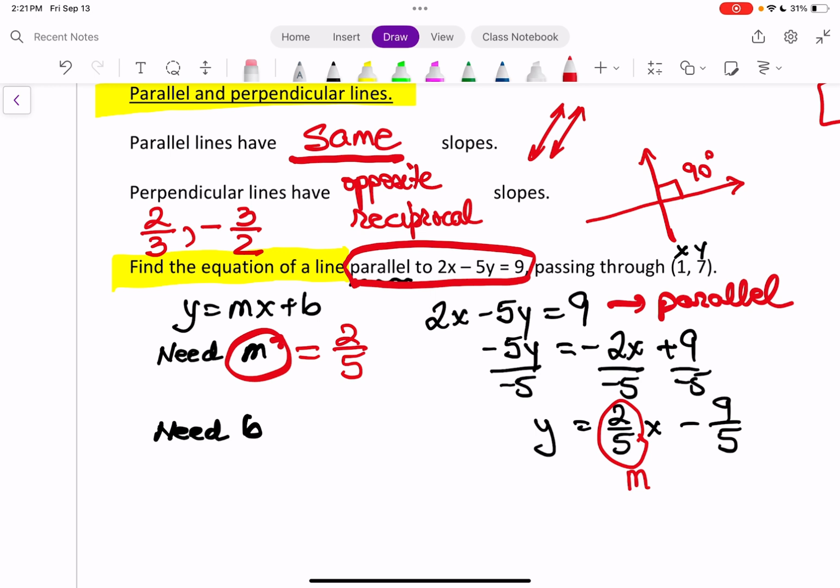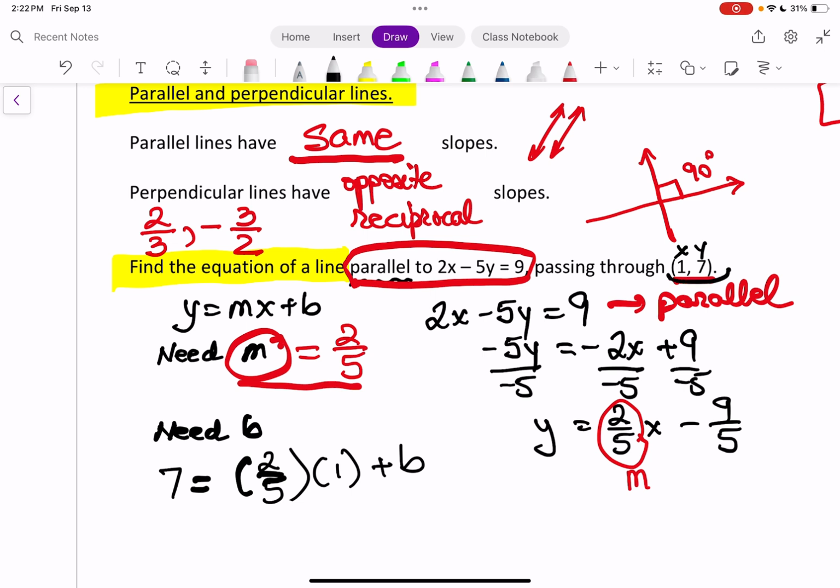So we're back already to the situation where I am given the slope, and now I have a point, an x comma y, and I can use that to find the b. So y is 7, m is 2/5, x is 1, and there comes the b.